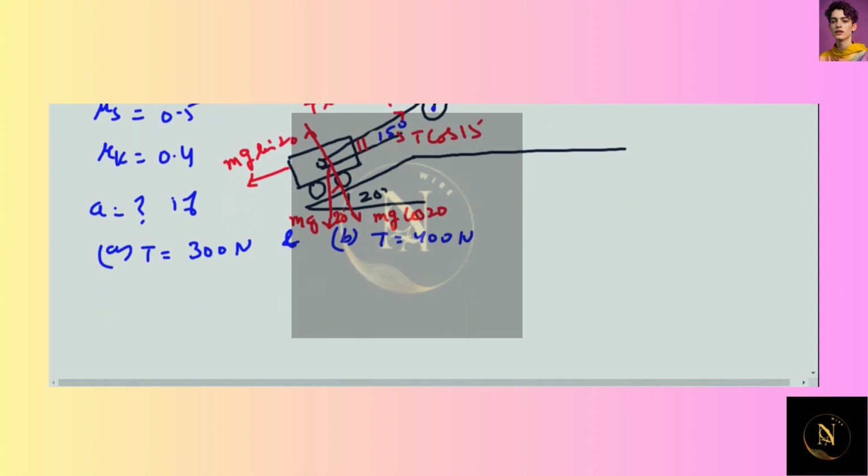Now, N minus mg cos 20 plus T sin 50 must be 0. So you will get N equal to mg cos 20 minus T sin 50.